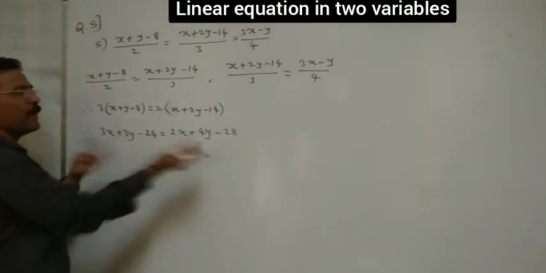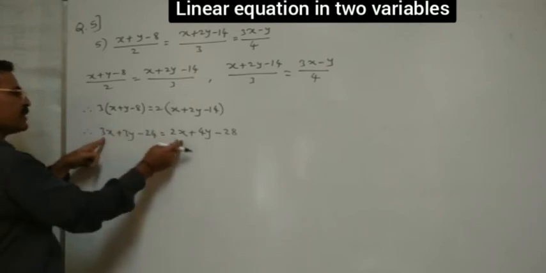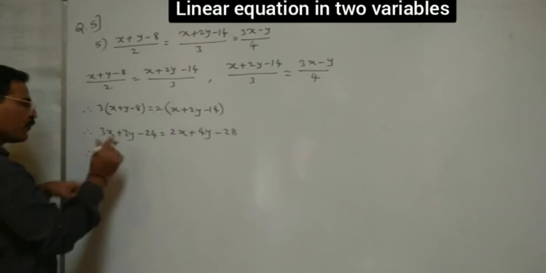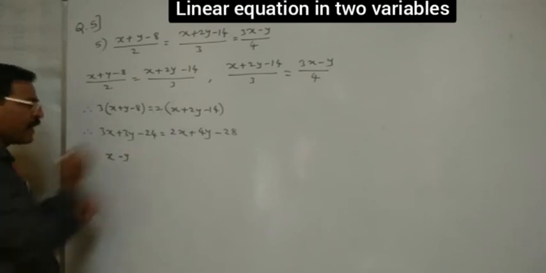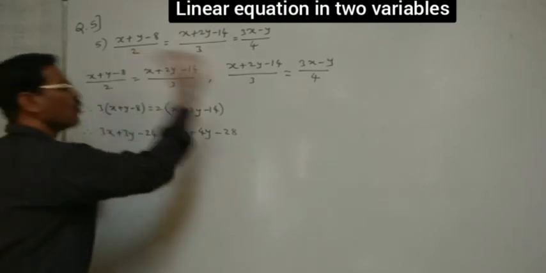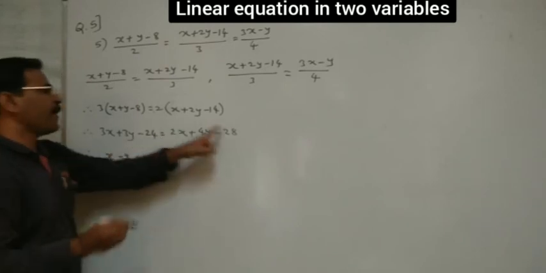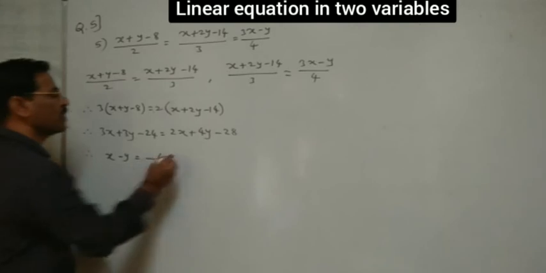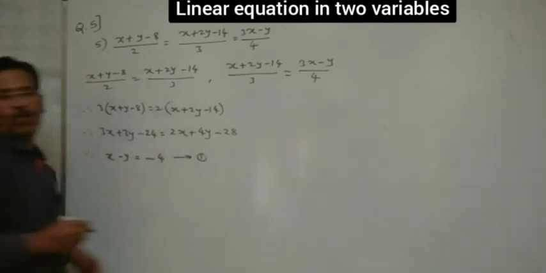Now collect all similar terms together. 3x minus 2x gives x. 3y minus 4y gives minus y. And this minus 24 goes to that side. What will we get here? Minus 28 plus 24, which is nothing but minus 4. This is equation number 1.